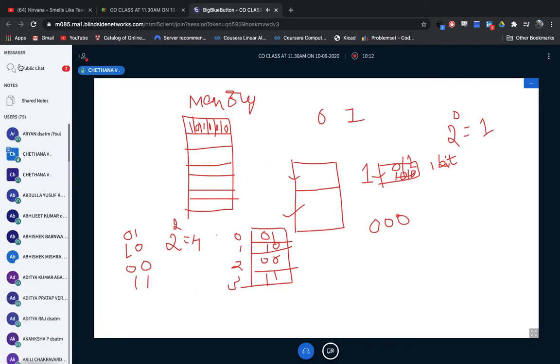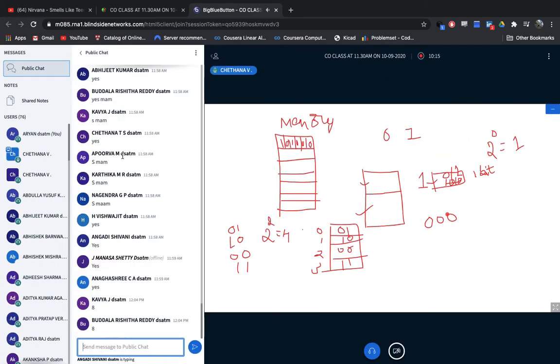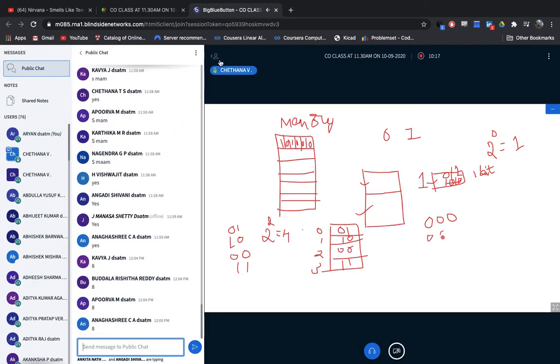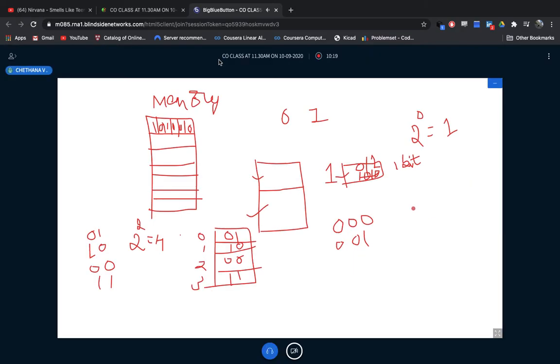Do you agree? Because your data is 0 0 0, 0 0 1, and so on. You have all possibilities of data and you may get a maximum of 8 locations. That is why the memory locations required is 2 to the power of 3. 2 to the power of 3 is equal to 8 addresses.